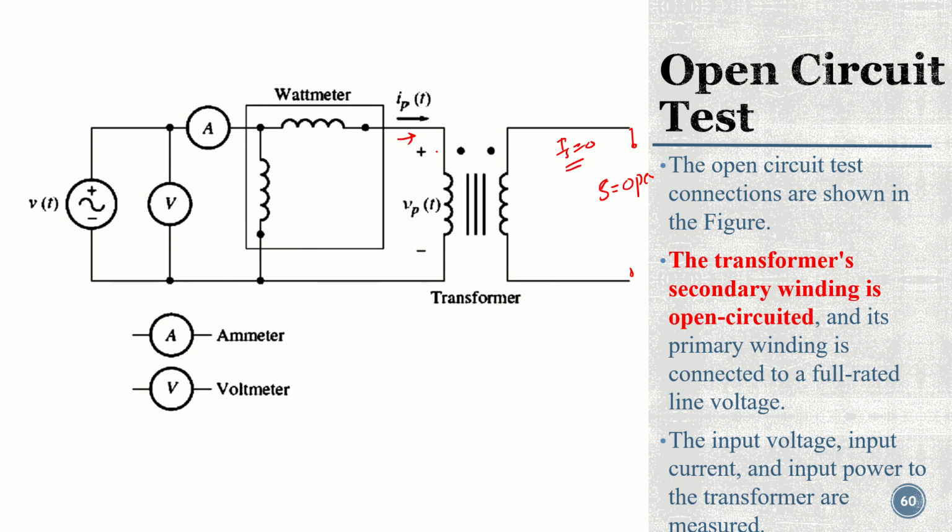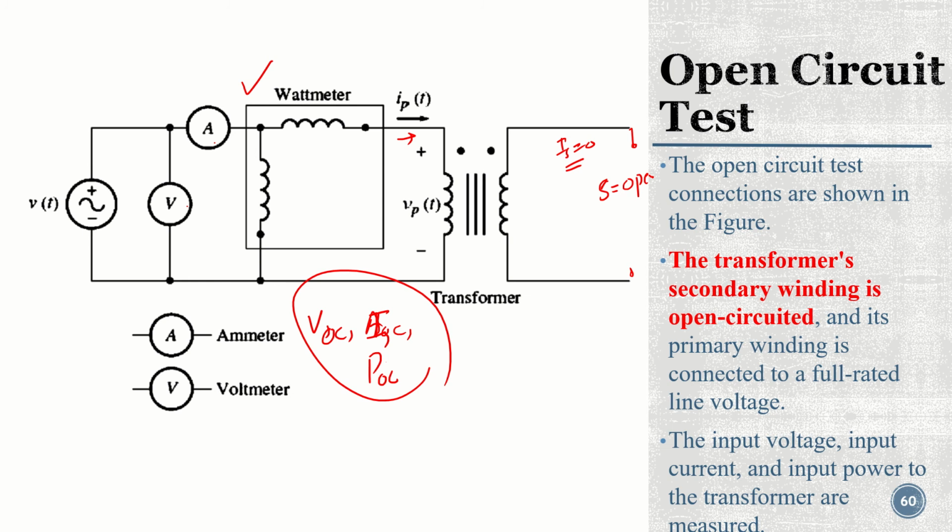So when the primary current is flowing, we install a voltmeter, an ammeter and a wattmeter, and we measure the open circuit voltage, the open circuit current and the open circuit power. Okay, and we measure these three at the input side of the transformer. So these are the basic things which we have to measure here.